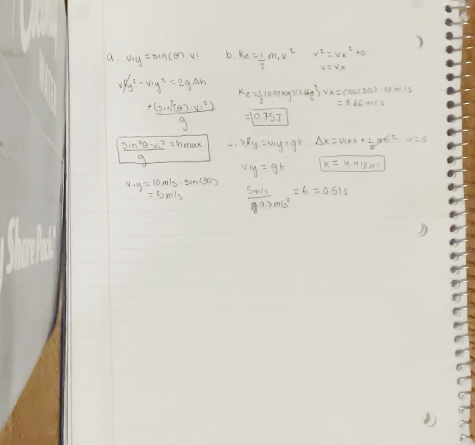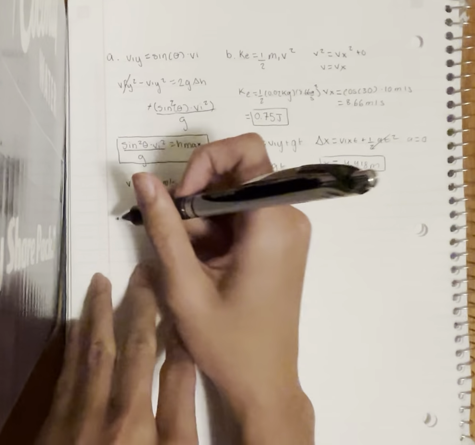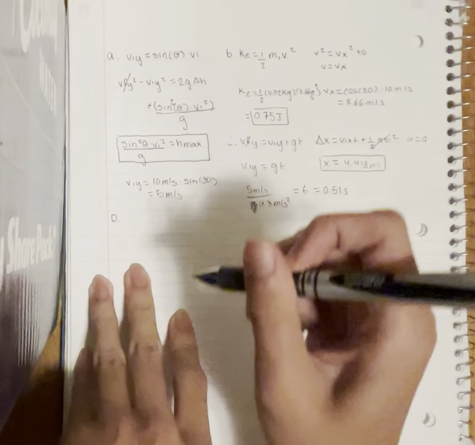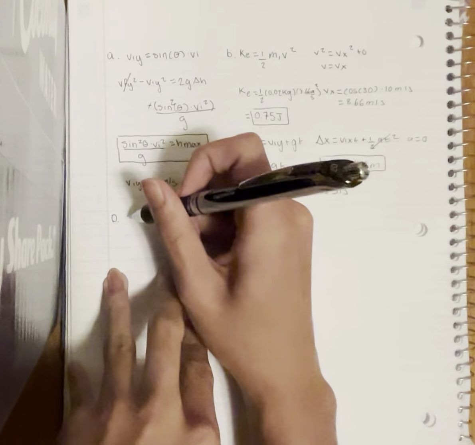Okay, and then D is to calculate the angle to which the dart and the block on the string will rise before coming momentarily to rest. How we can do that is we first start off with the conservation of linear momentum.